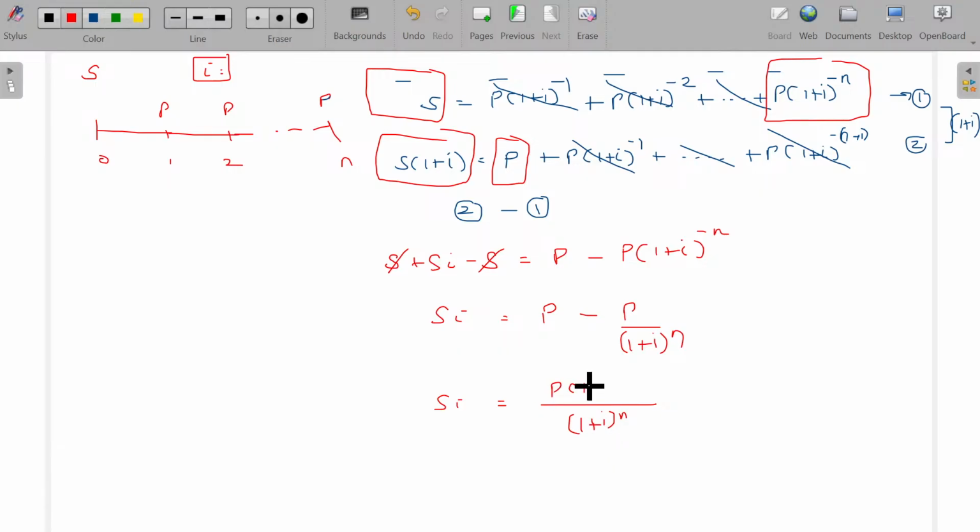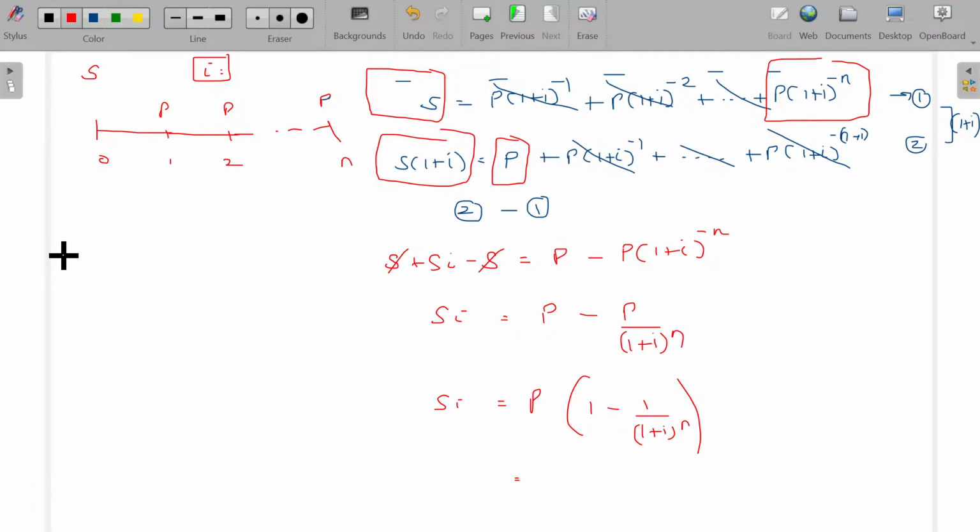P into (1 plus i) to the power n. I can take the P out first. If I take the P out, what happens? 1 minus 1 divided by (1 plus i) to the power n. To restate again, of course, you can use this formula also. You can restate the other way so that the calculation may be pretty simple.